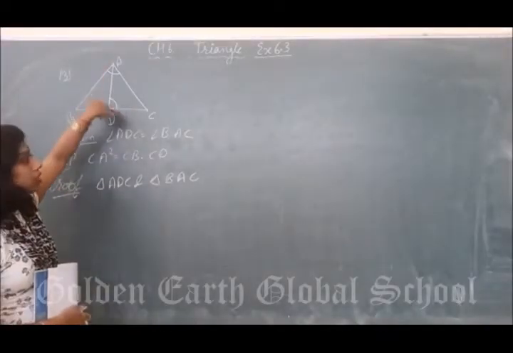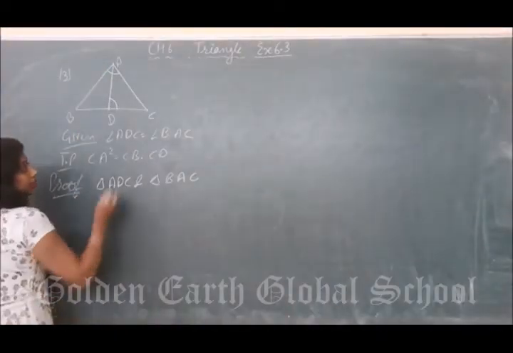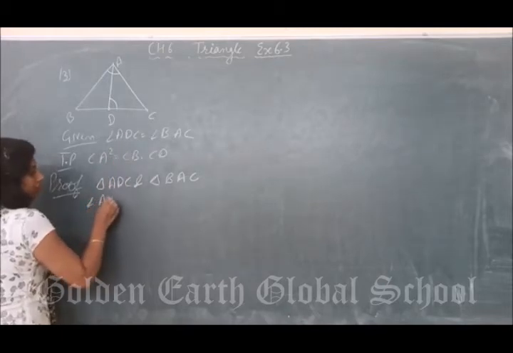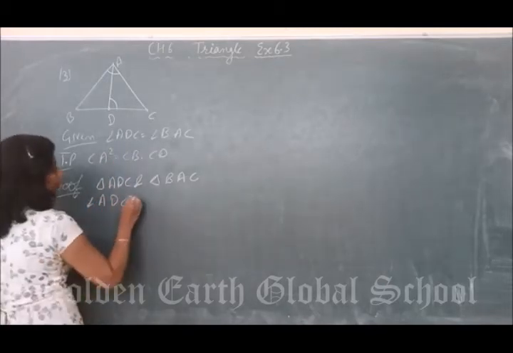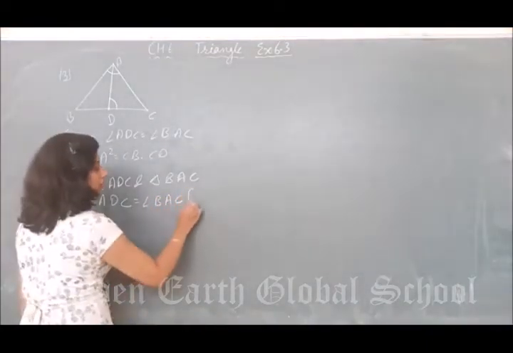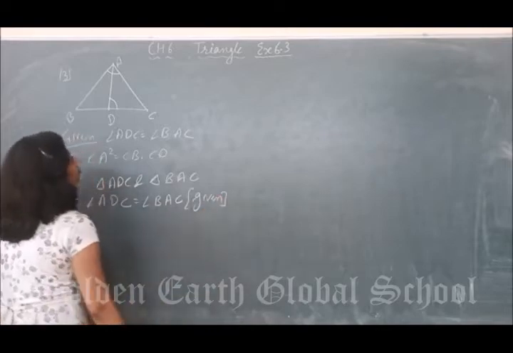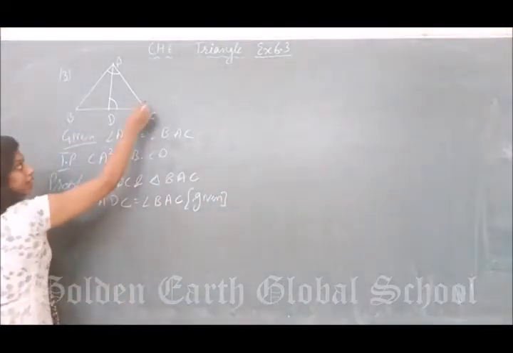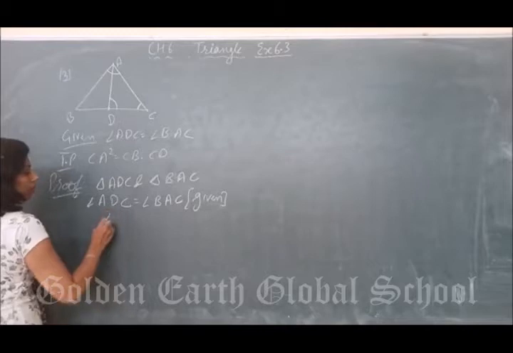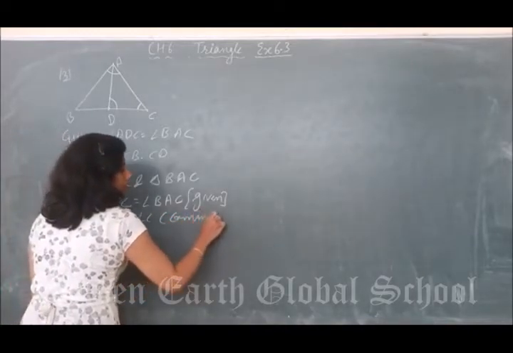So we have to consider this smaller triangle and this complete triangle. Angle ADC from the smaller triangle and angle BAC from the bigger triangle are equal. It is given. What is the second condition? Angle C is common. So the triangles are similar.